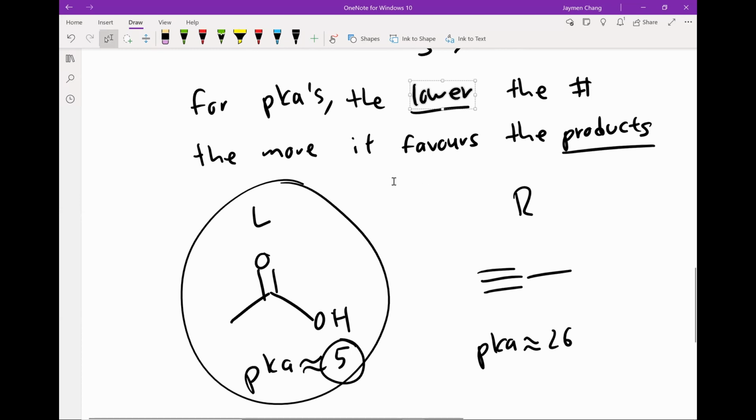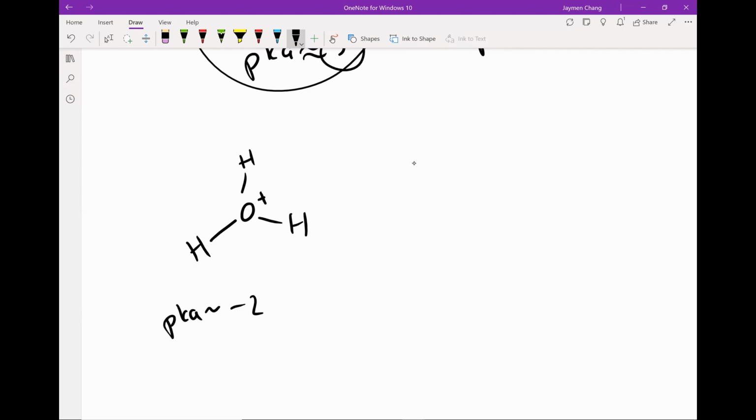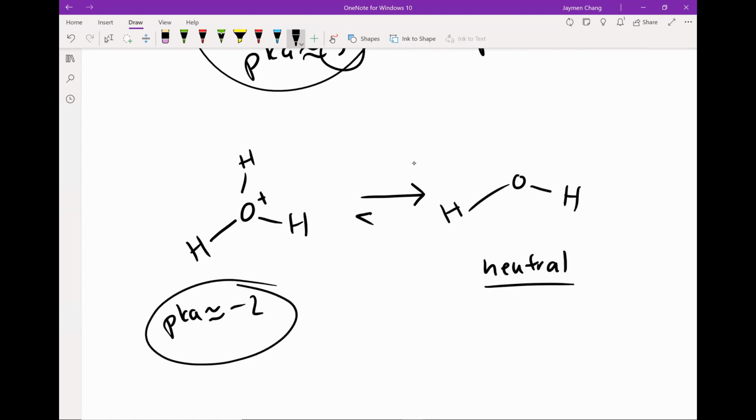Given that, when we take something like the hydronium ion, this has a pKa of -2. We're going to form a conjugate base, which is water. Water is neutral, and neutral things tend to be more stable. Because this pKa is -2, we expect that this form is more stable.